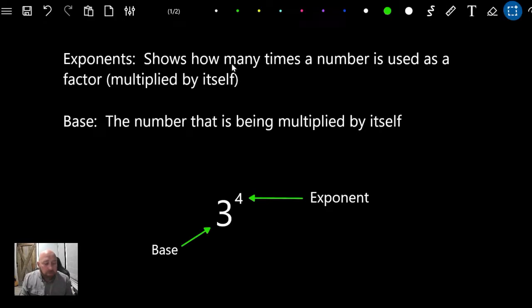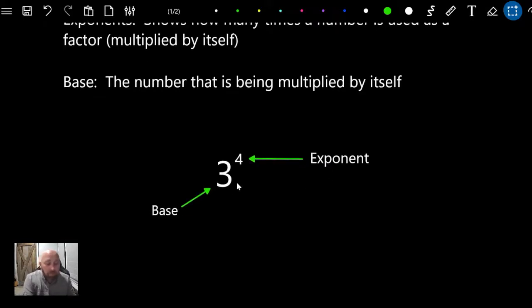The exponent shows how many times the number, or we could say the base, is used as a factor, or how many times it's multiplied by itself. So now the base is the number being multiplied by itself. So this is the base, and it's being multiplied by itself 4 times.